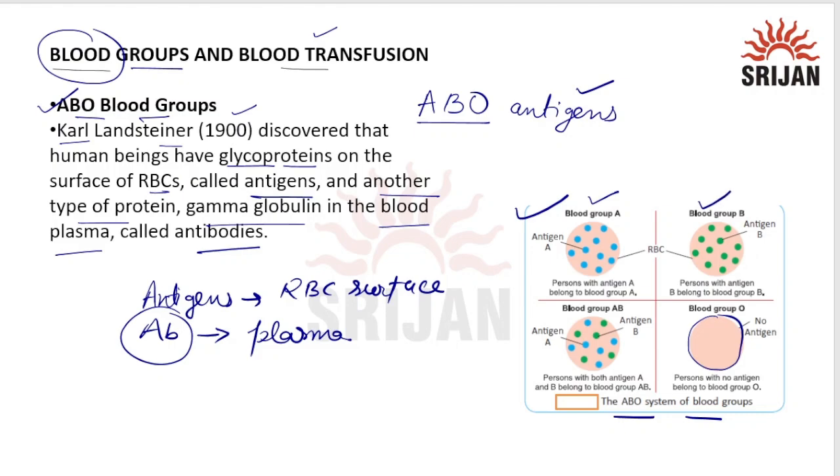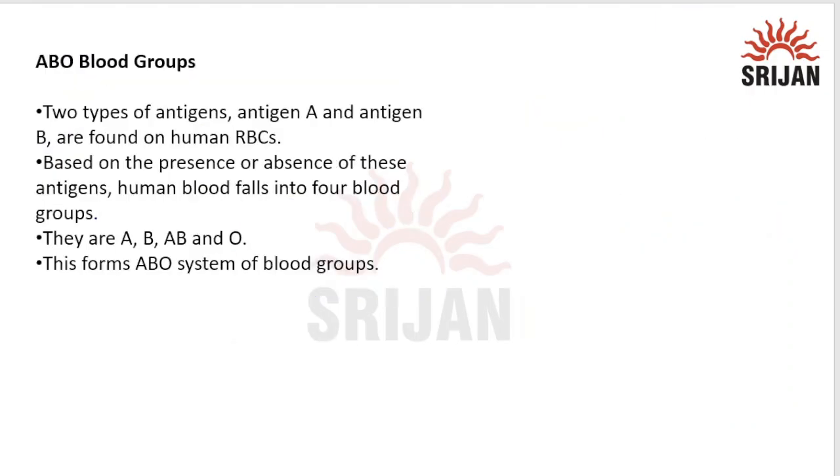Similarly, in blood group B, you will have antigen B on the RBC surface. In blood group AB, it will have A as well as B, therefore antigen A is present and antigen B is also present. Blood group O resembles 0, meaning no antigens, therefore there is no presence of antigen.